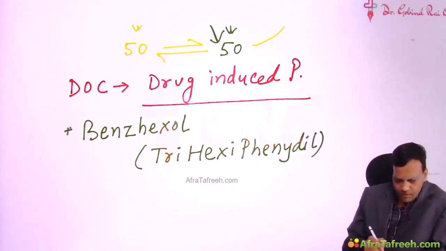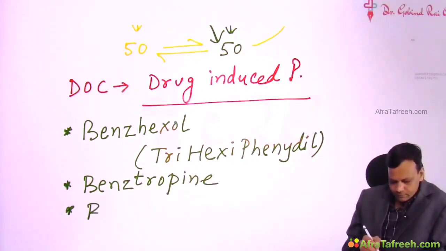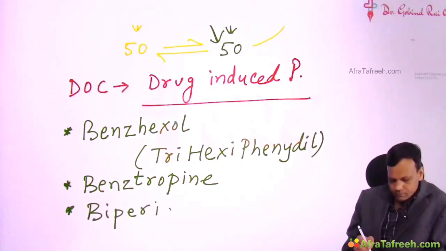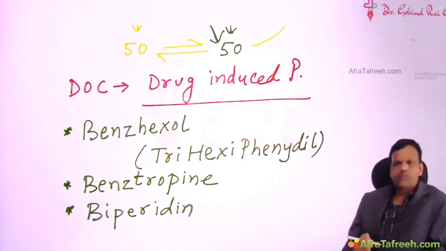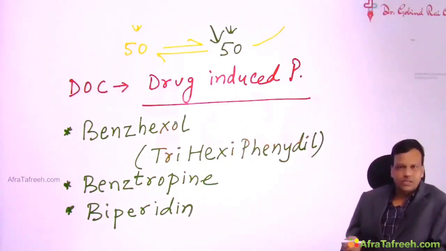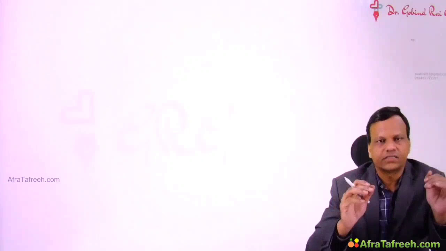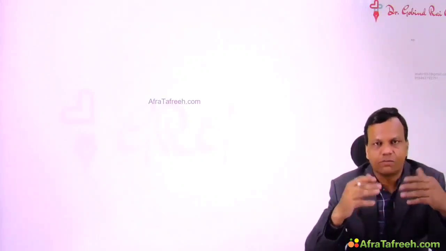Apart from benhexol, other similar drugs include benztropine and biperiden. So these are the CNS actions of anticholinergic drugs.